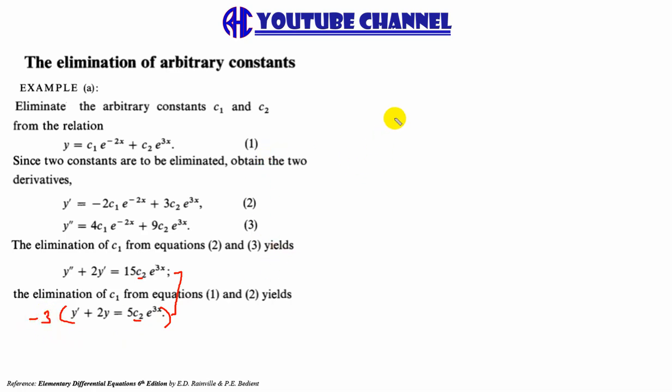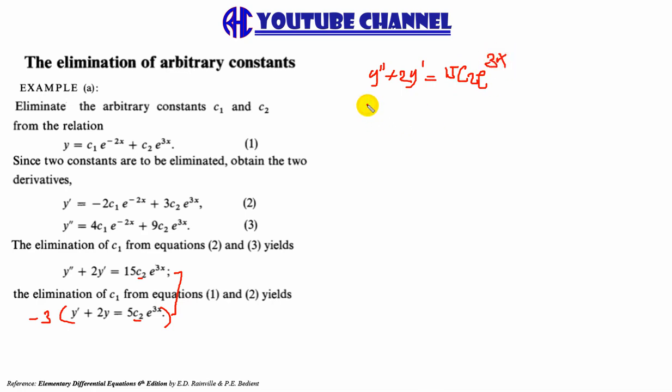Okay. So, copy ko yung fourth equation, magiging y double prime plus 2y prime is equals to 15 c2 e raised to 3x.